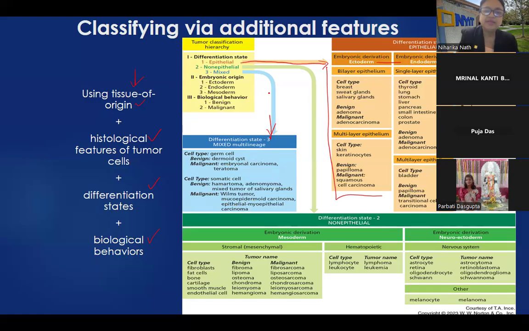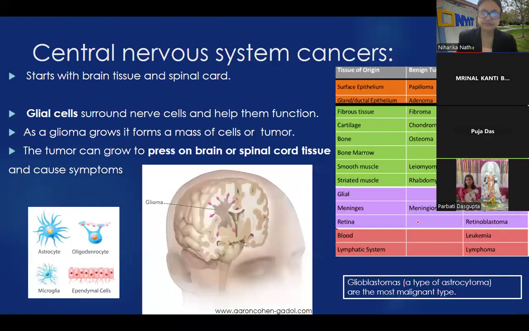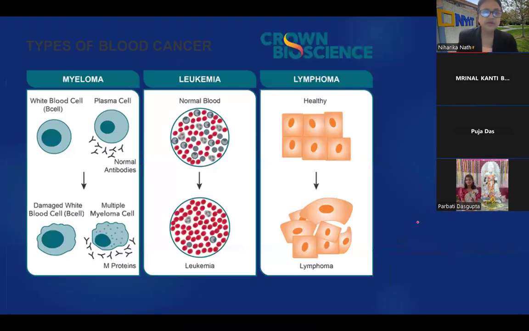Their behavior can be that they can be benign or they can be malignant, and so all kinds of different differentiated states are here. So when you see this, you should not be scared. It's really just a breakdown of all the simple things that I just said before. Okay, alrighty. So that's pretty much it.